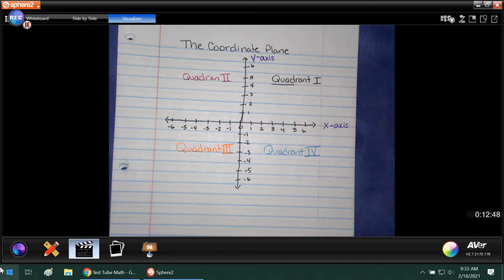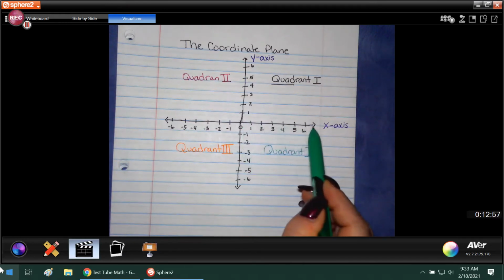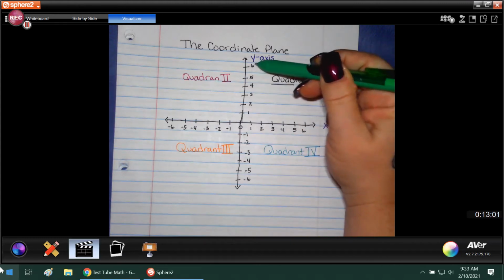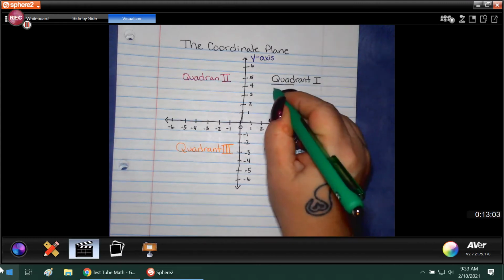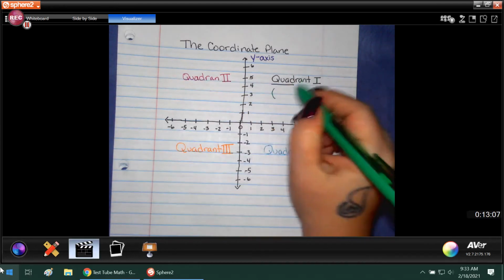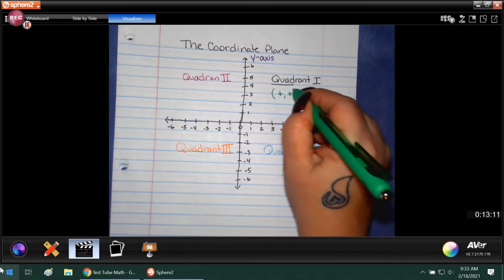All right, now, notice the number line. If you look at all the numbers going in this direction and all of the numbers going in this direction, any point that we plot in this section is going to be a positive and a positive number.